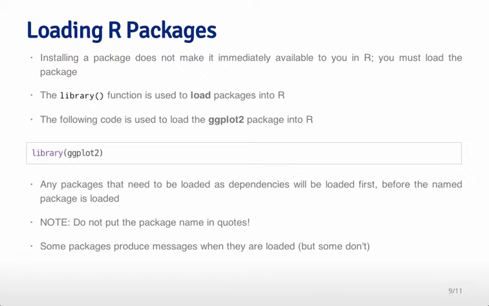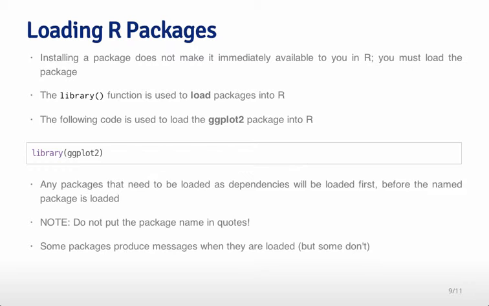You can also load the packages after you've installed them. If you install a package, it doesn't mean that all of the functions are immediately available to you. You need to use the library command to tell R which packages to load in. So for example, if you've installed the ggplot2 library and you want to be able to use the functions in ggplot2, you need to type the command library(ggplot2) to get access to the functions in that package.